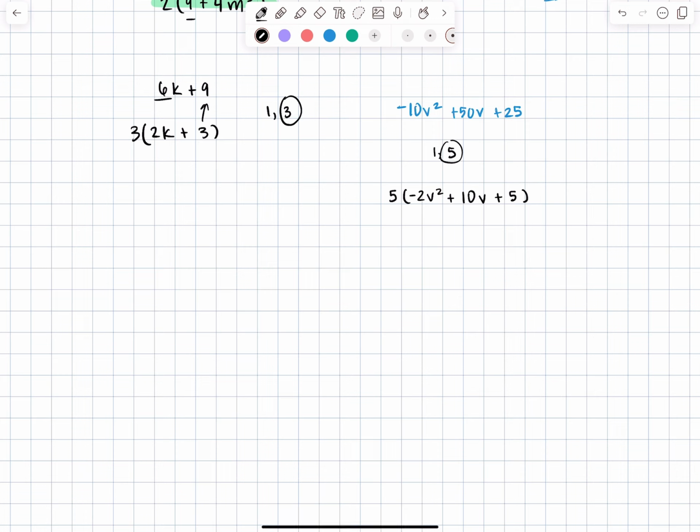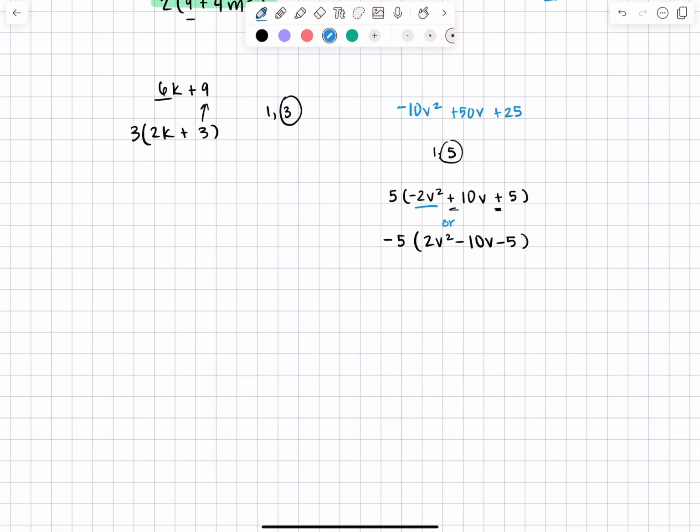We can write it this way, or I like to do it this way, having the number next to the variable squared positive. So I like to write it as negative 5 times 2v squared, and then switch the remaining signs. So minus 10v minus 5.